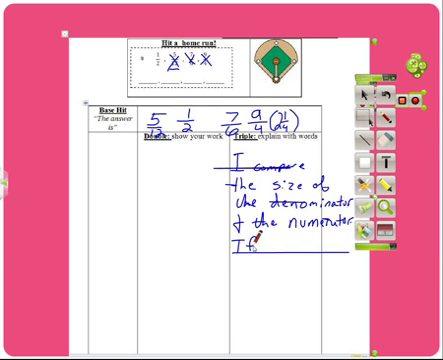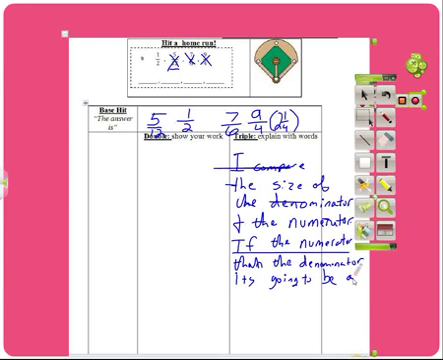If the numerator is bigger than the denominator, then I know that it's a big fraction and it should be close to the highest or the highest.